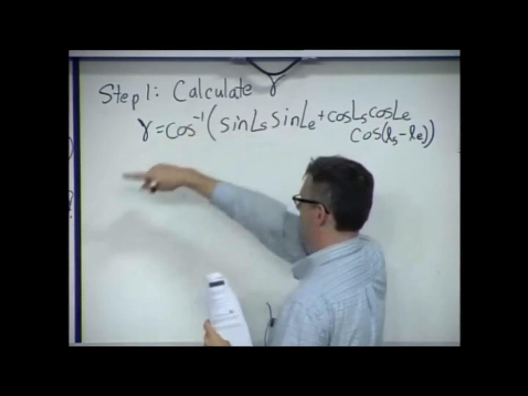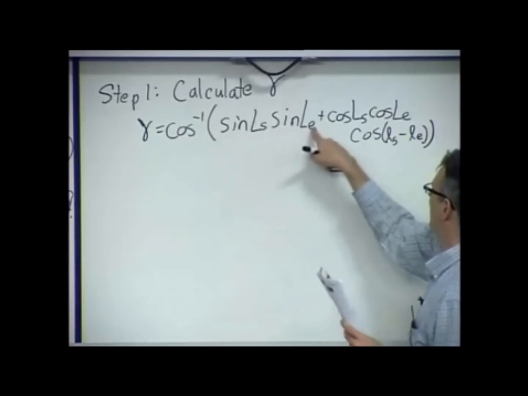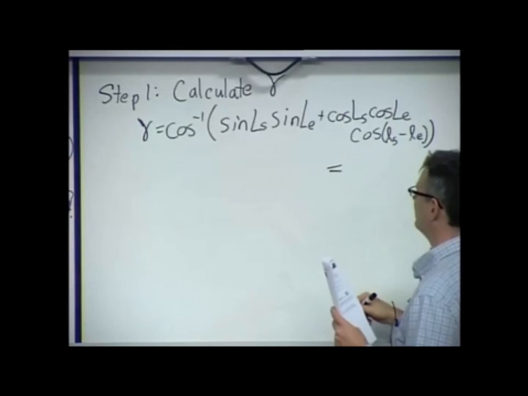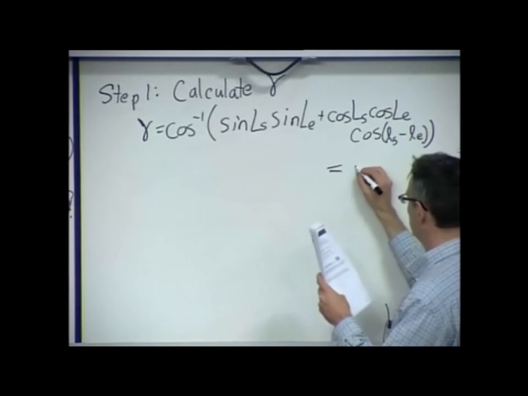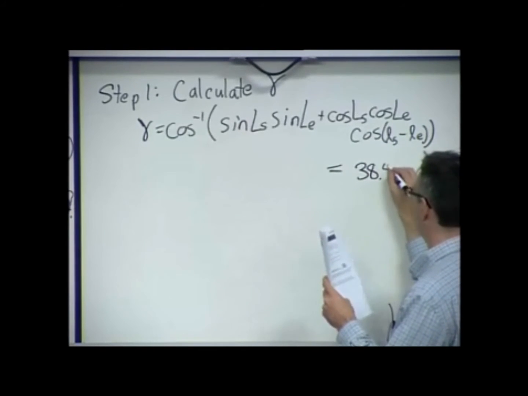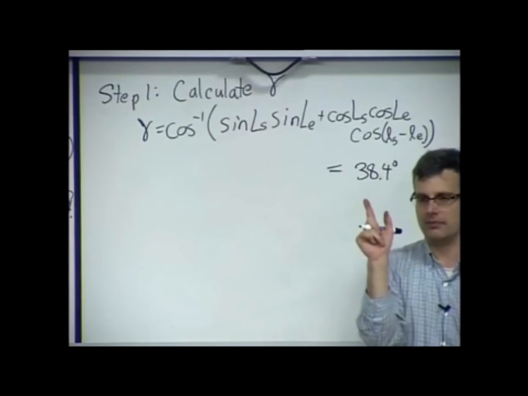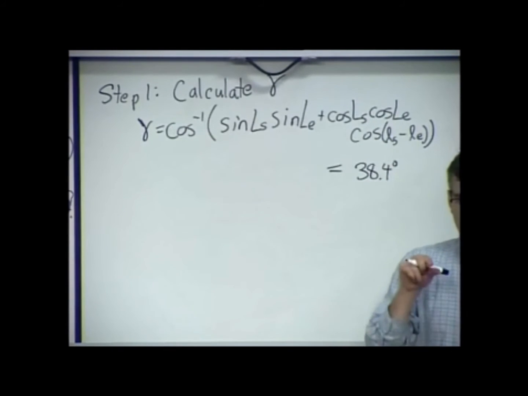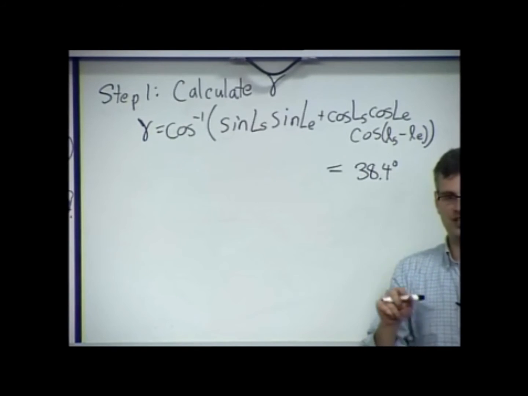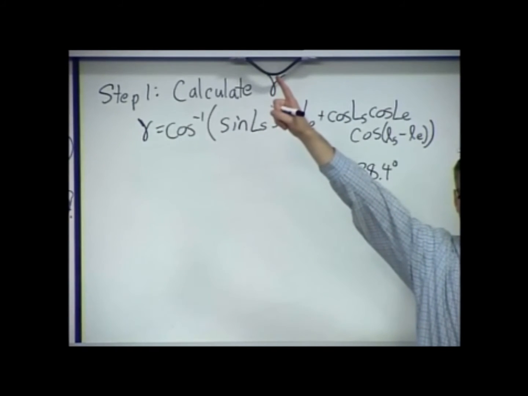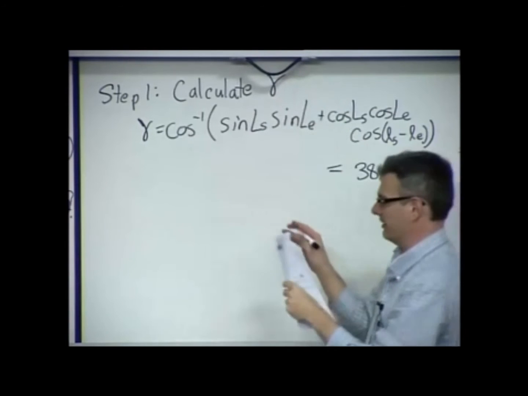And if you do that for the numbers we've got there, I've got all my longitudes and latitudes. This turns out to be 38.4 degrees. Remember, that's just the subtending angle that's formed between the center of the Earth, the Earth station, and the satellite subpoint. We still don't have elevation yet.